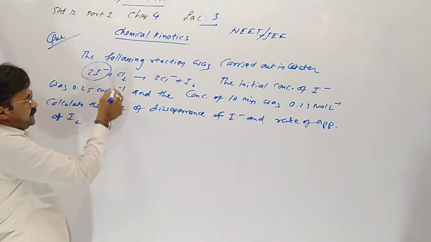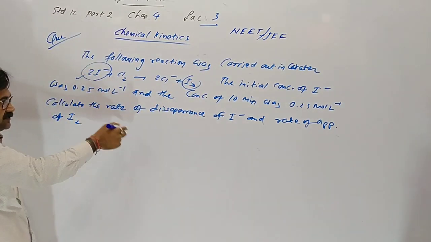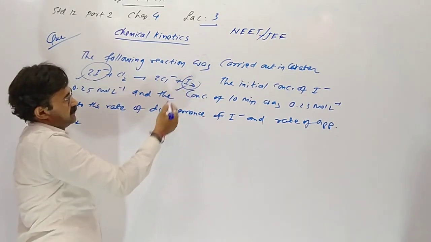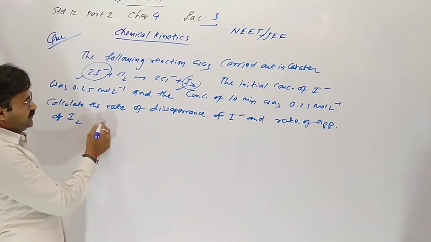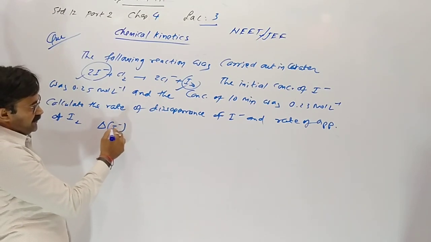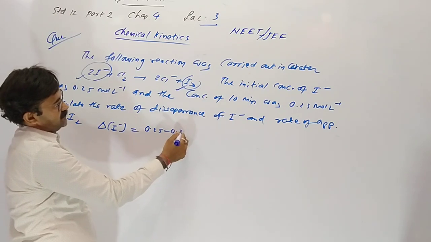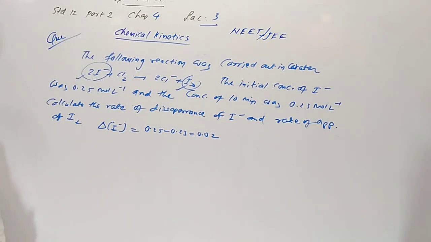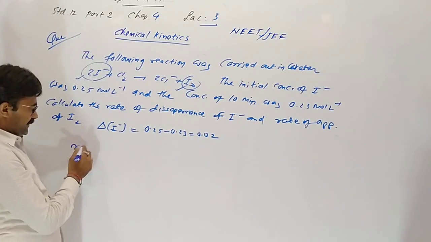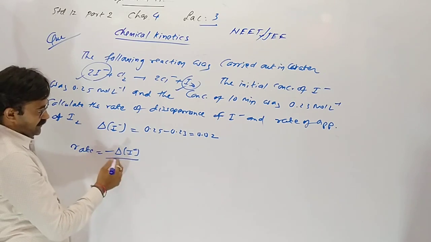I minus is reactant, I2 is product. Disappearance means using rate, here producing rate. So change in concentration of I minus is 0.25 minus 0.23, so 0.02 in 10 minutes. Rate equals change in concentration upon time.